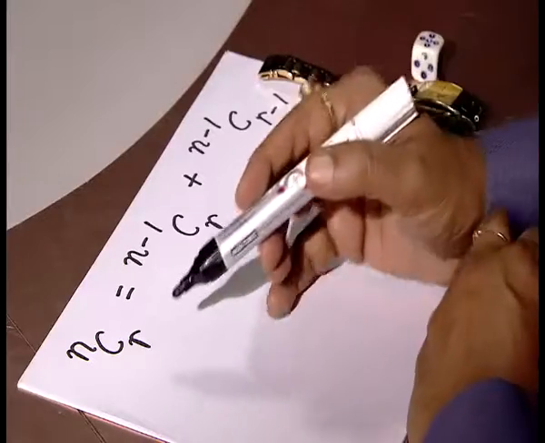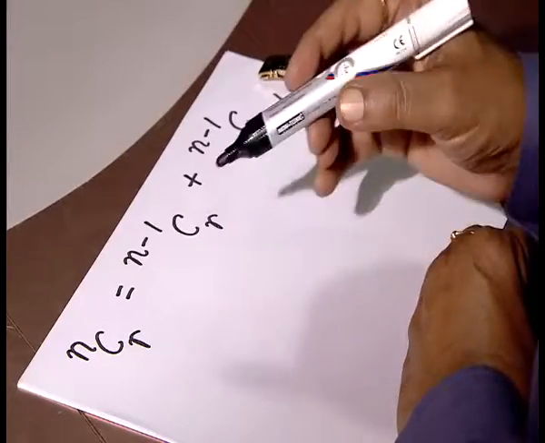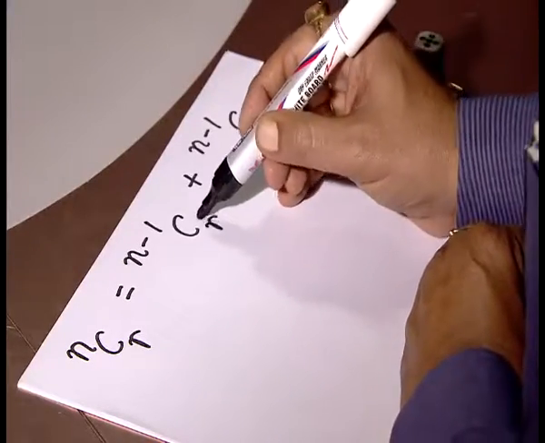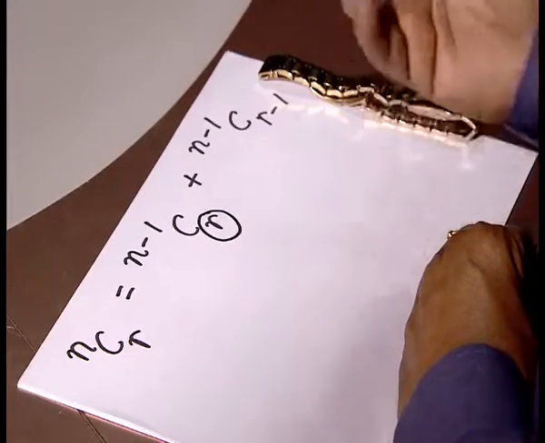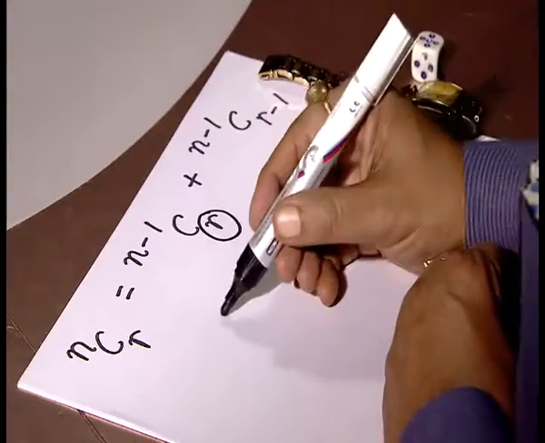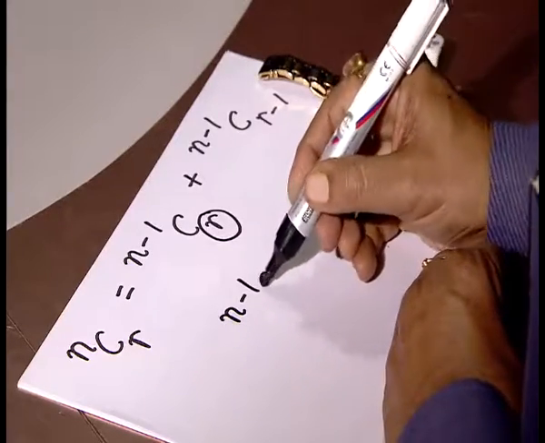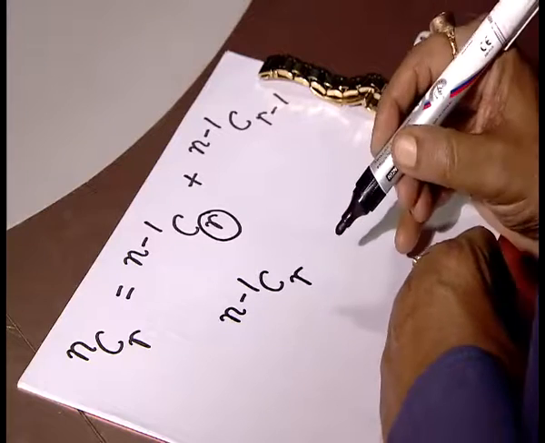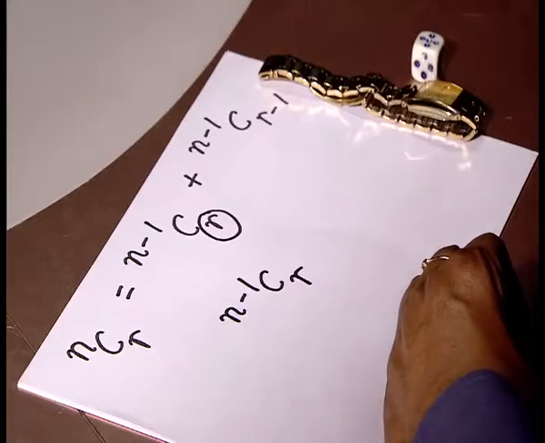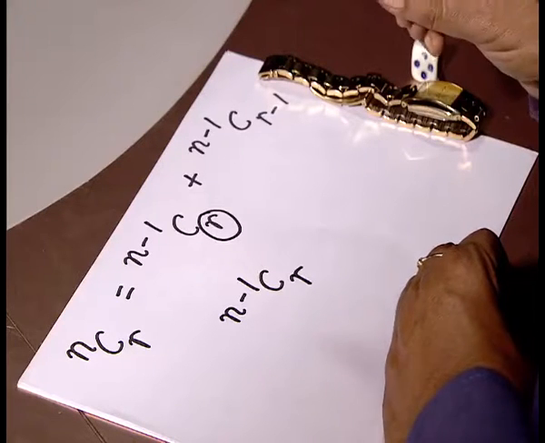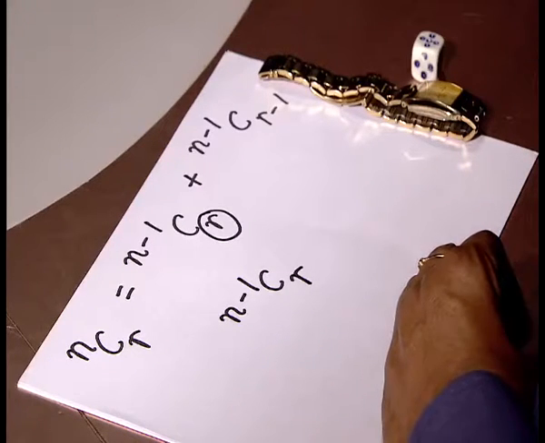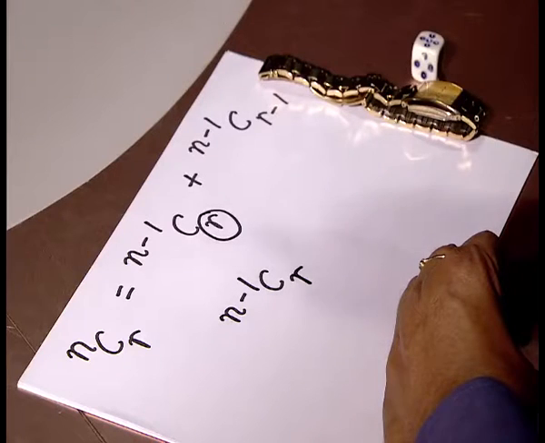So, if one thing is never there, then effectively you are selecting r things from n minus 1 things, because one thing is never there. So, that would be n minus 1 Cr. And once that one thing has been taken with assurance, then the problem reduces to taking the remaining r minus 1 things from n minus 1 things, because one thing has already been taken.